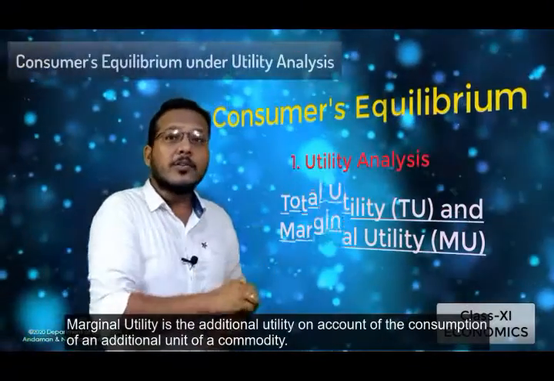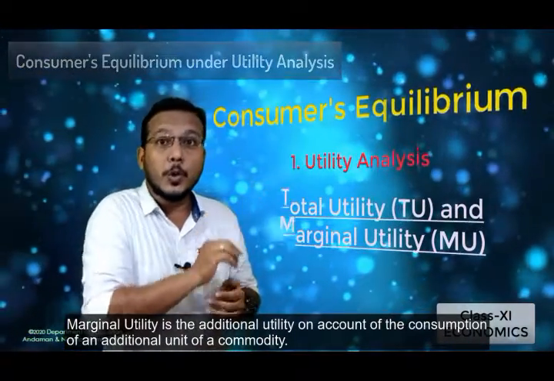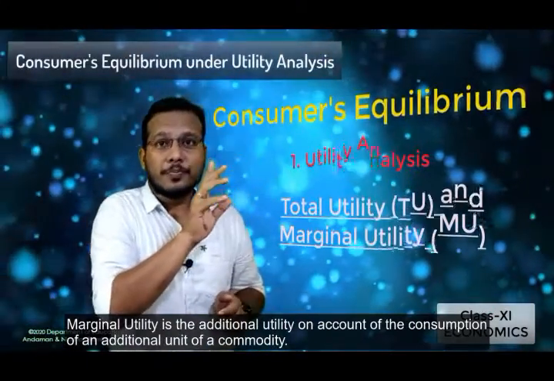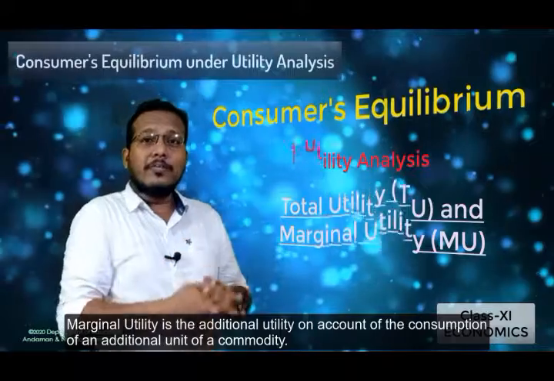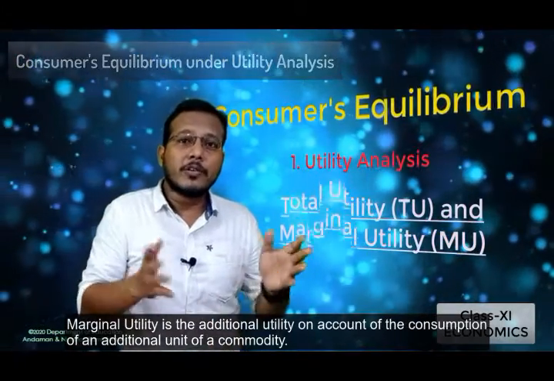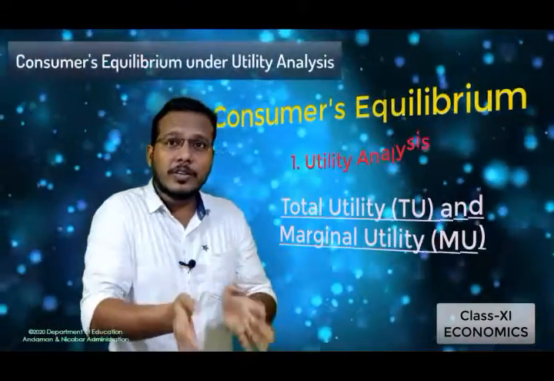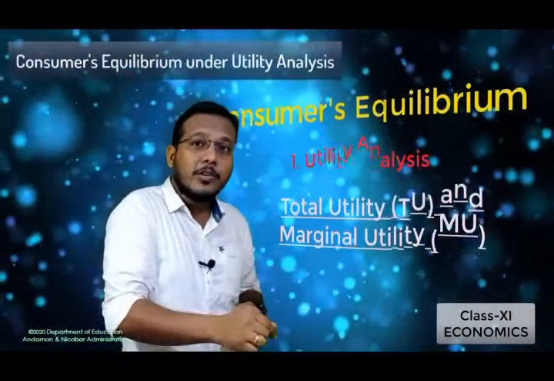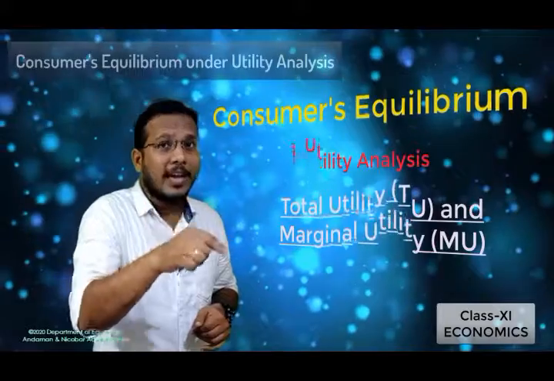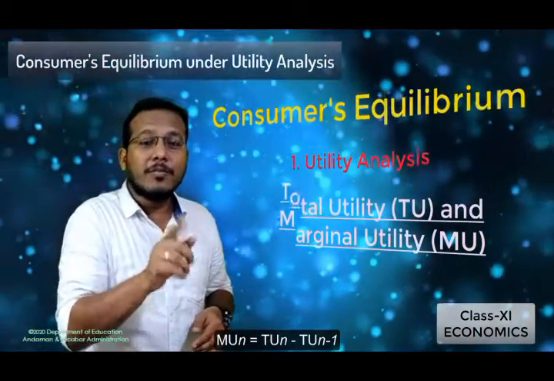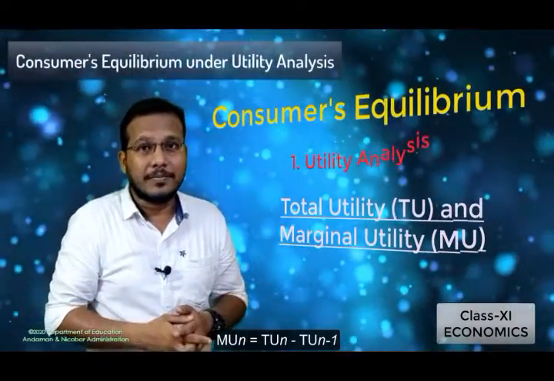How can we calculate the value of marginal utility? Here the marginal utility is denoted as MU and the total utility is denoted as TU. Total utility is the sum of all the utilities derived from all the units of the commodity, whereas the marginal utility can be derived by the formula MU of n equals TU of n minus TU of n minus 1.